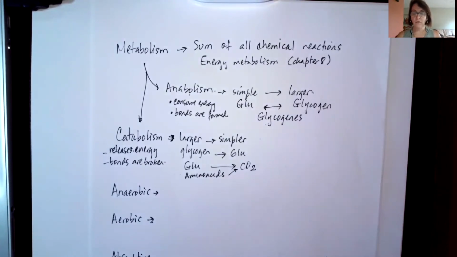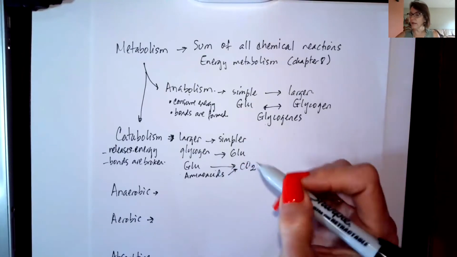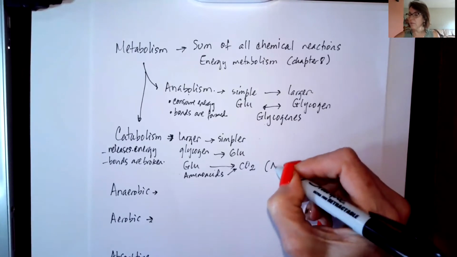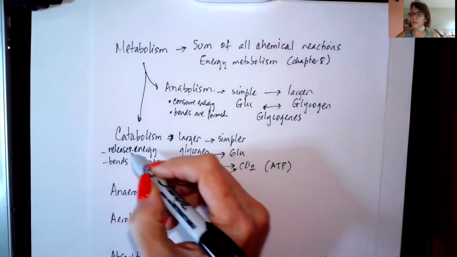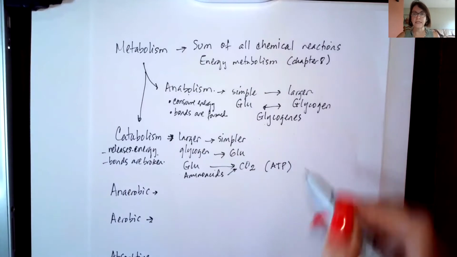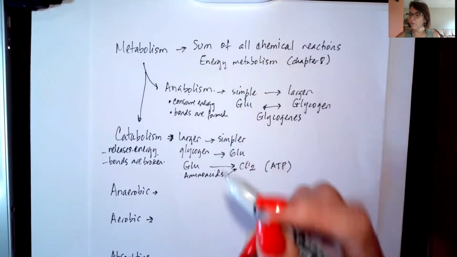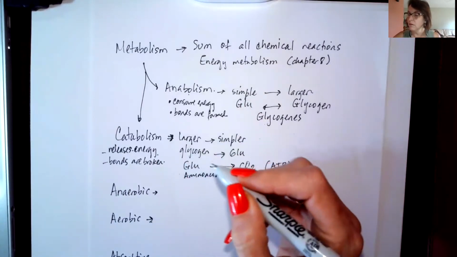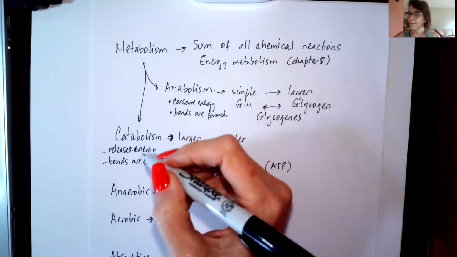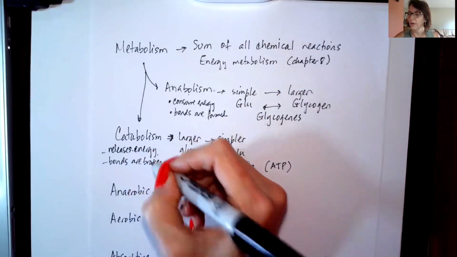This is the type of reactions we see in the pathways we learn in class, and in this type of reactions, energy is released in the form of ATP.